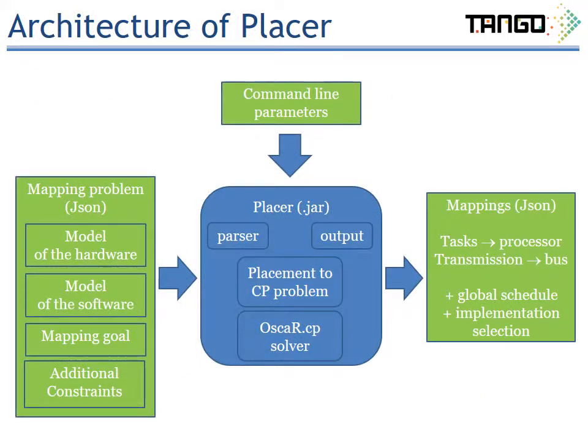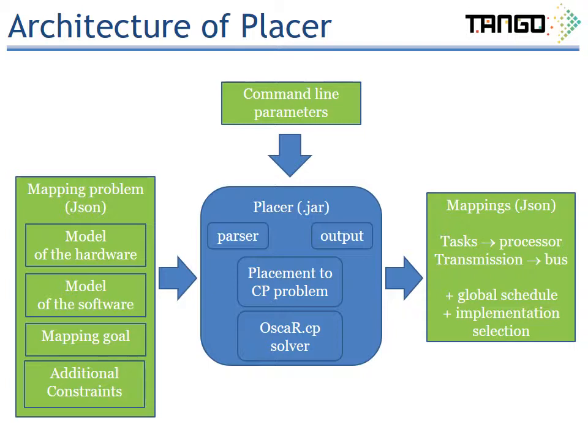This is the technical architecture of Placer. Placer itself is a jar file, so you need the Java environment to run it. It takes a single JSON file as input and has some command line parameters, and it generates its output into a JSON file. There is no other configuration to consider here. The input file includes the model of the hardware, the software, the mapping goal, and the additional constraints.